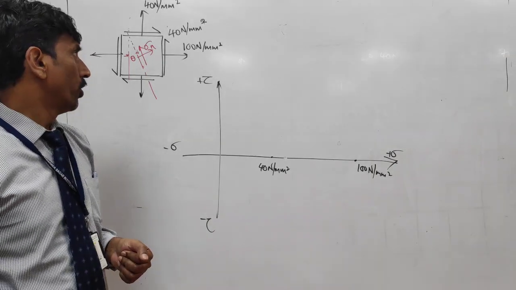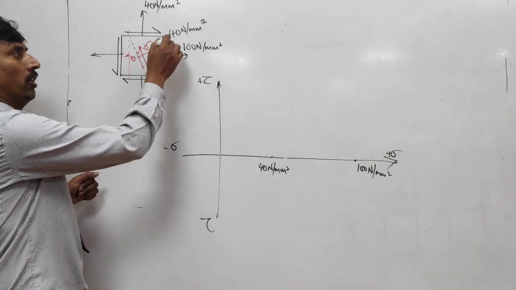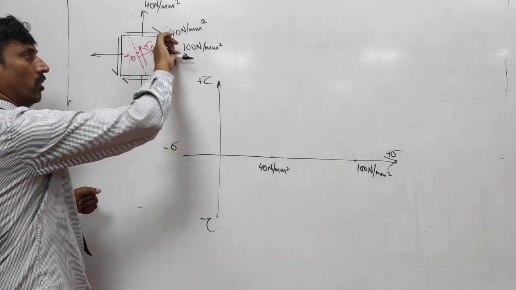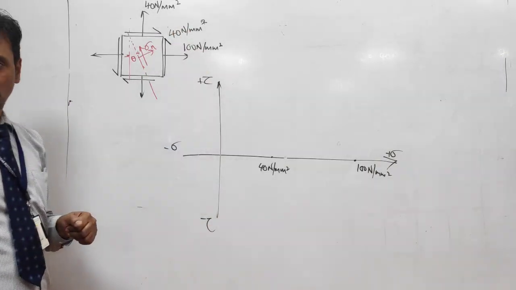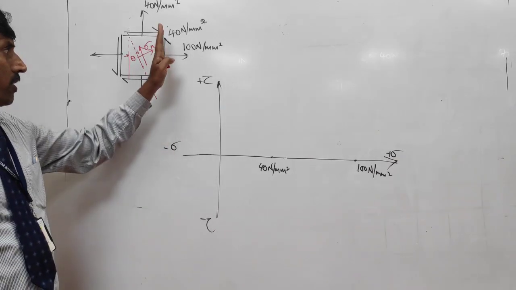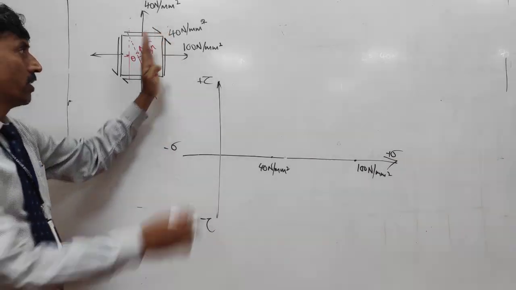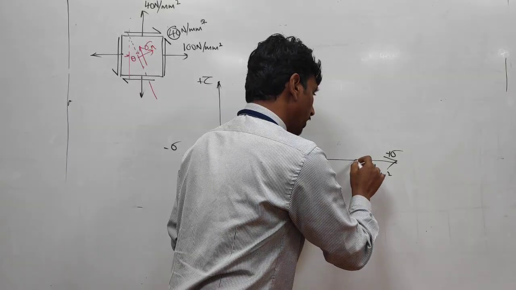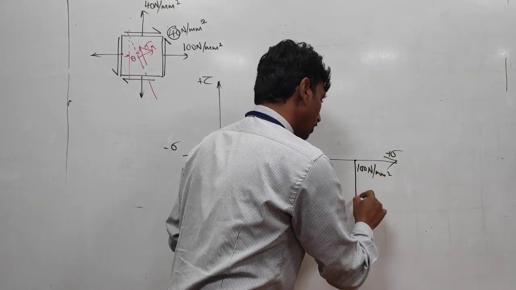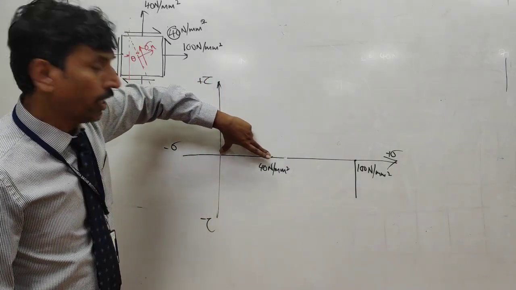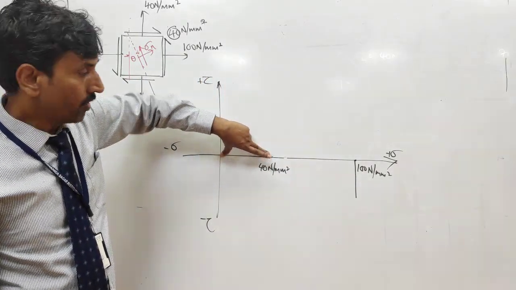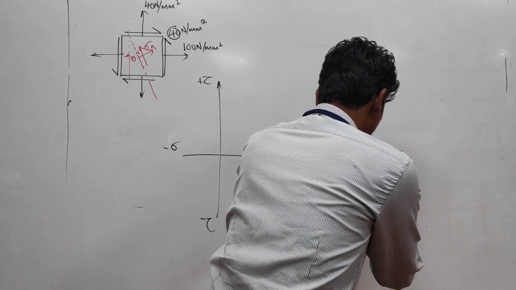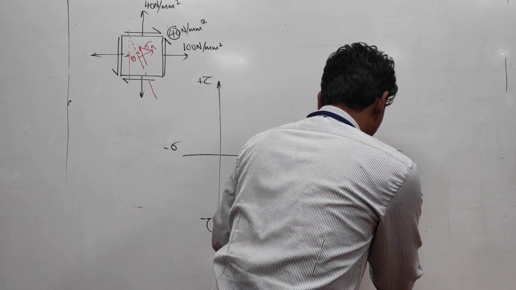So what we should do is we should look at the direction of the shear stress in the positive x direction, and if it is upwards, then the same value of 40 has to be taken downwards here. Whatever the 40 that you have taken here, the same 4 centimeter has to be taken here downwards.